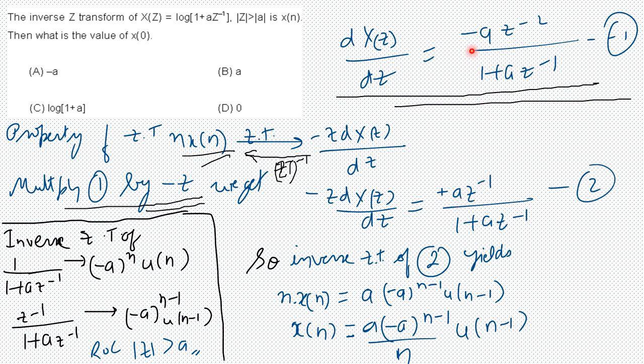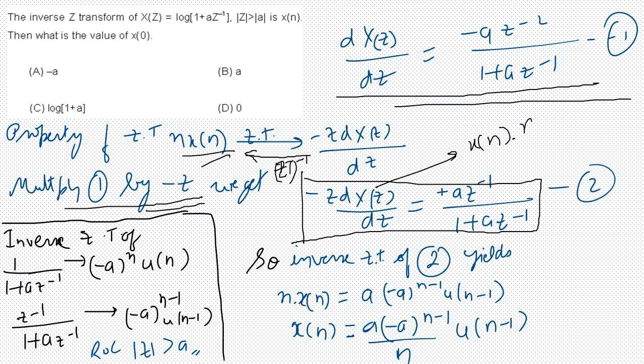Because minus z is there, so minus z will make the minus into plus, and because of the z we have to reduce the power by 1. Now our expression boils down to this. For the left hand side, minus z dX(z) over dz, we know the inverse z transform, which is n x of n. This is the property of the z transform.